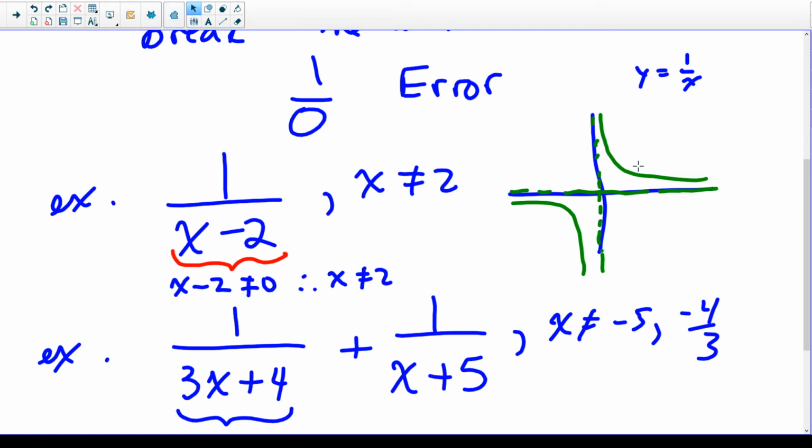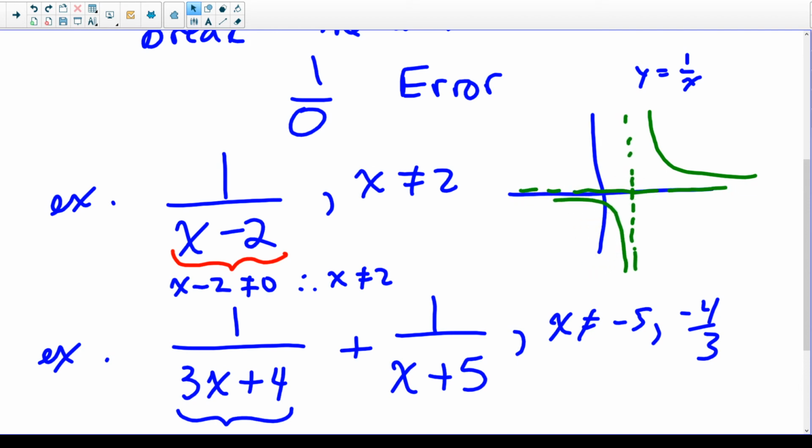So the whole graph, well, the horizontal asymptote doesn't move because it's infinite, but the whole graph is moving to the right by 2. That's what this restriction is talking about. It's talking about that domain that has now an asymptote at x equals 2, which means the graph doesn't exist at x equals 2.